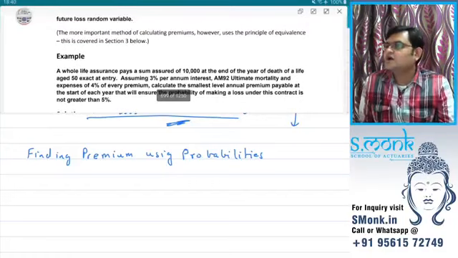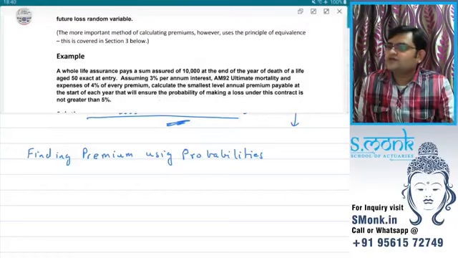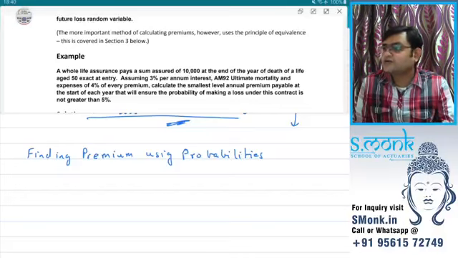They're saying a whole life assurance pays a sum of 10,000 at the end of the year of death of life age 50 exact at entry, assuming 3% per annum interest, AM92 ultimate mortality, and expense of 4% of every premium. Calculate the smallest level annual premium payable at the start of each year that will ensure that the probability of making a loss under this contract is not greater than 5%.